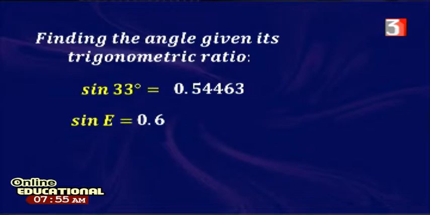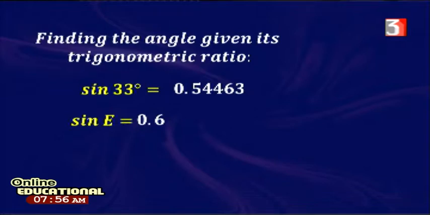So you are going to use the calculator conversely. Instead of pressing the button sine, you are going to press shift sine. Shift sine 0.6. Then press the button equal.